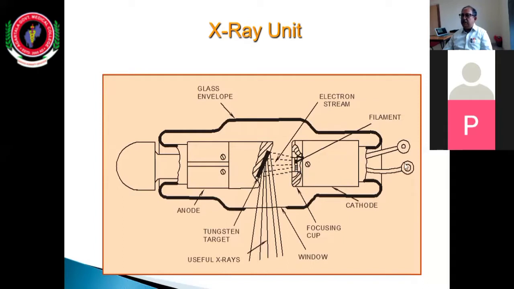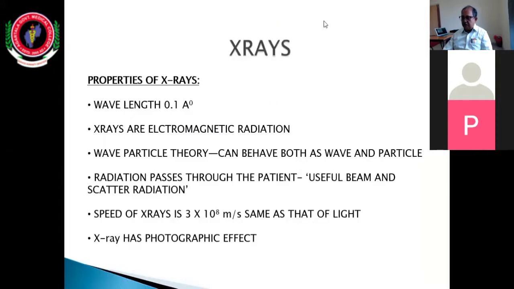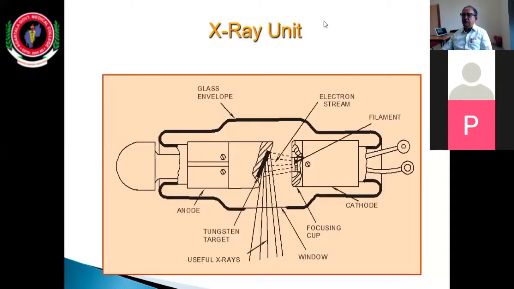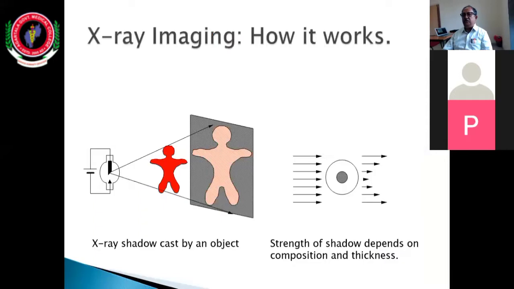When high voltage electrical current is passed into the filament, there is a gush of electron beams that fall over the target made up of tungsten, where there is a deceleration of the energy, which is converted into the useful X-ray beams.